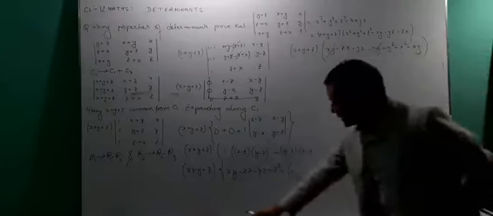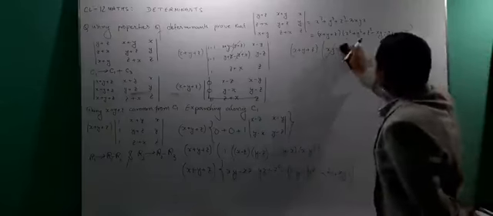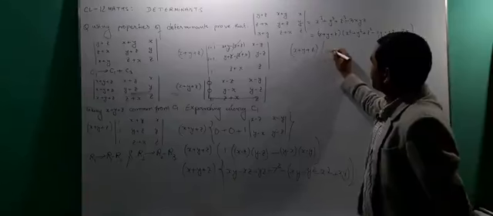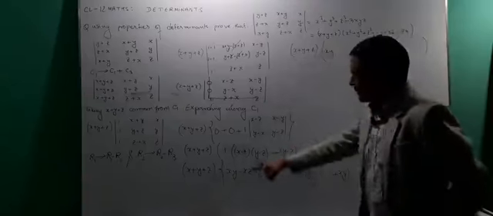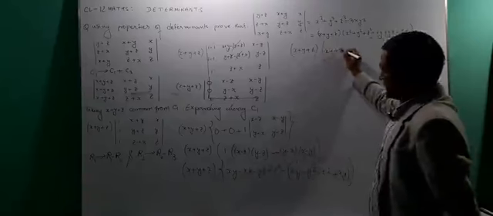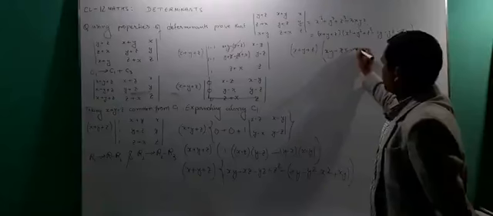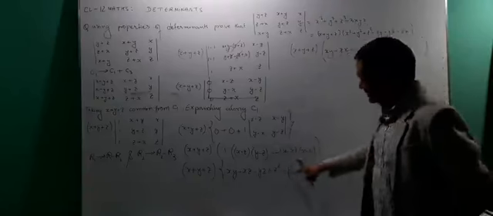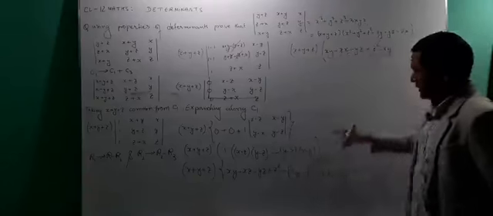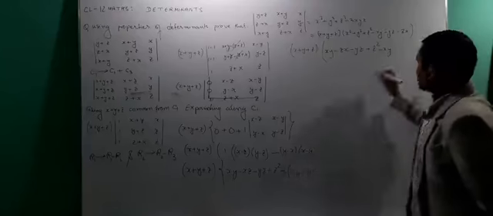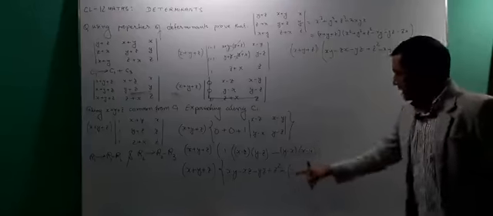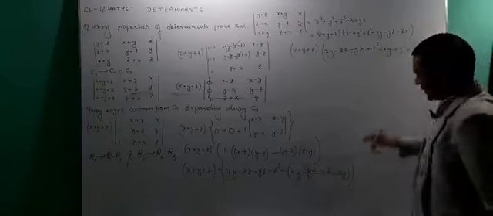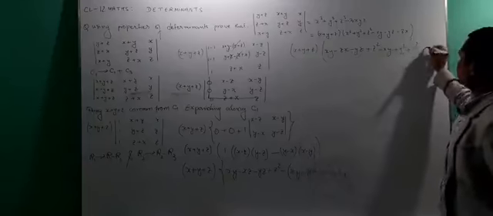And then here, xy, then minus zx minus yz, then plus z square, then minus xy, plus y square, plus x square, then minus xy.